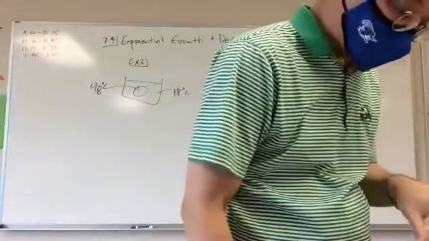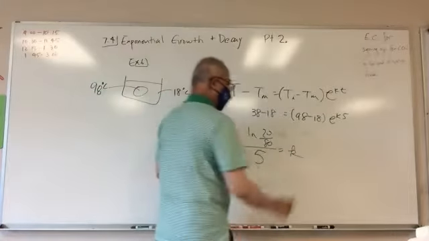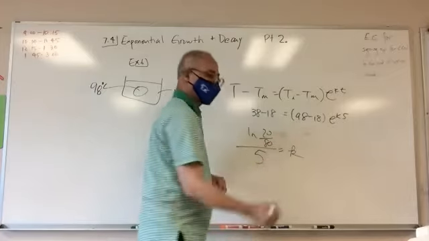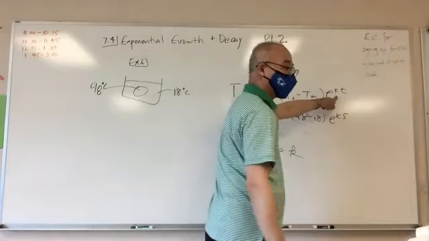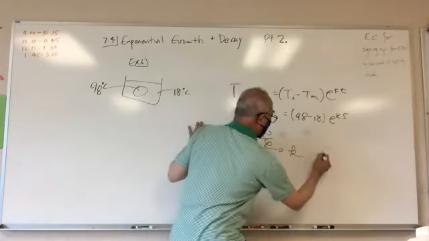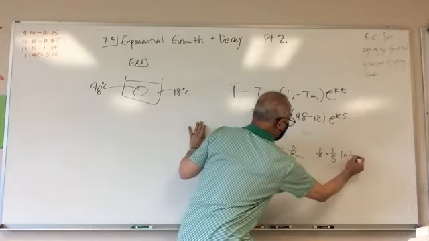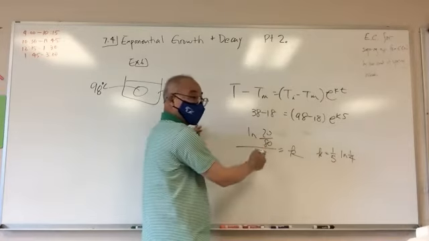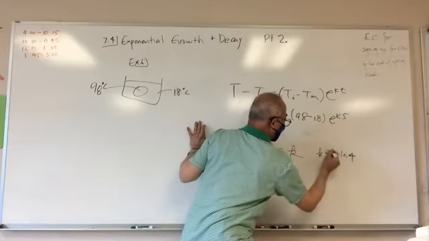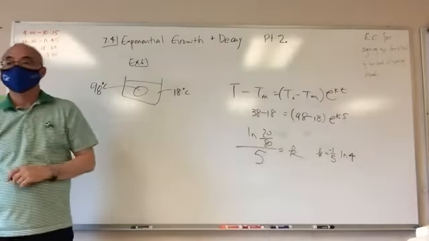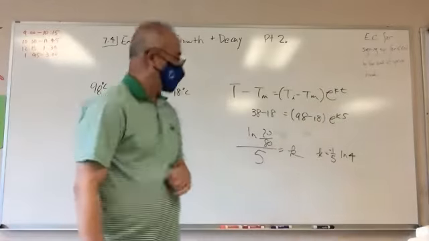If you do that, K is 1/5 of natural log of 1/4, 20 over 80. Again, my K is going to be negative because of the way I put it here. K is going to be equal to 1/5 natural log of 1/4, which is the same as negative, 4 to the -1. Okay, so that's my K.